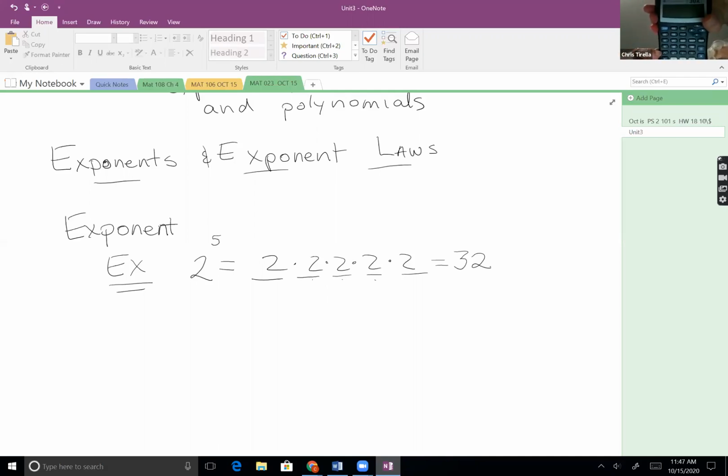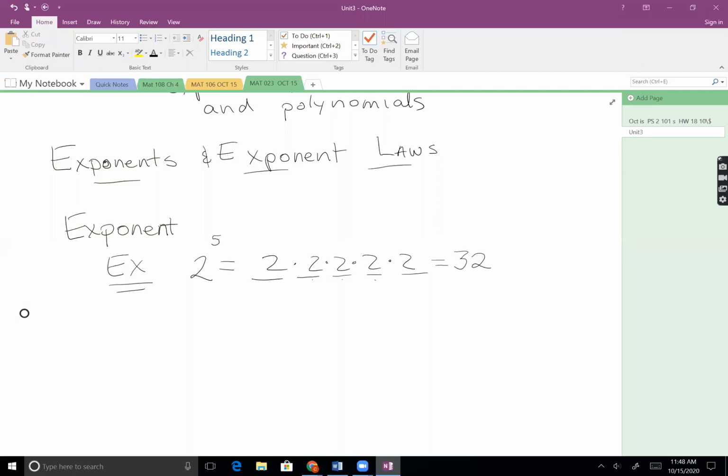On my calculator, to get 2 to the 5th, I turn the calculator on, clear, and type 2, caret up, 5. I don't know if you folks can see that display through all the reflections. When I hit equal, it gives me 32.